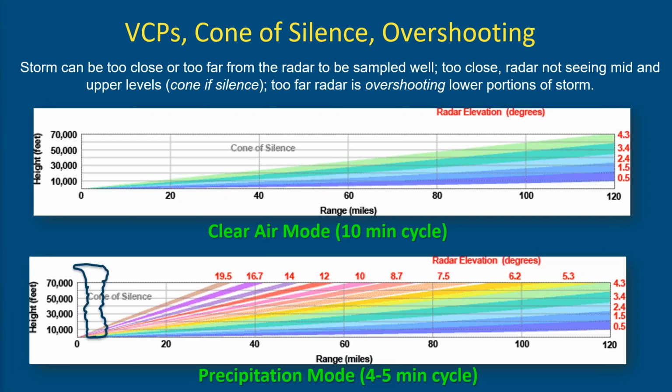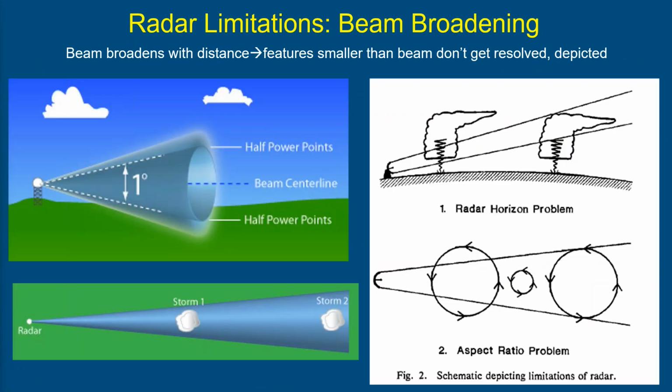The radar does have limitations both near and far from the radar. Very close to the radar, we're dealing with something called the cone of silence, where the highest available elevation cut isn't really extending into the storm very much at all. And at far distances, we have overshooting of the lowest beam. Those are two limitations that we have to deal with.